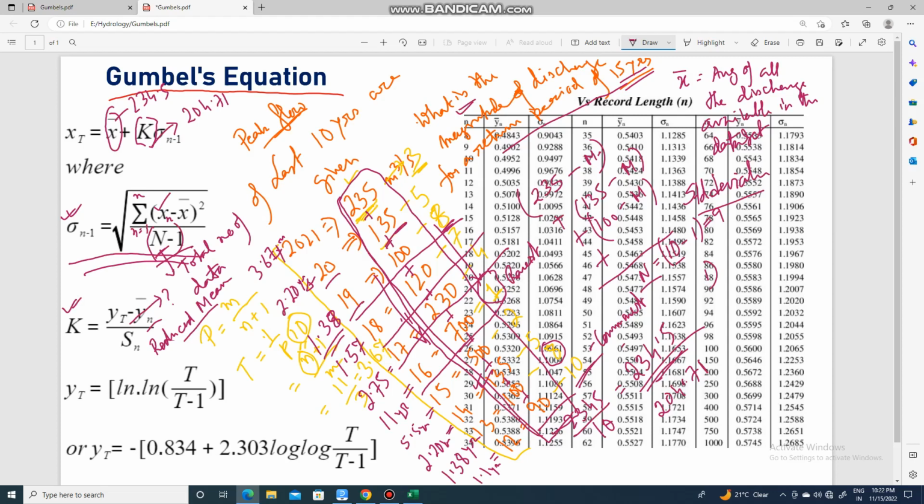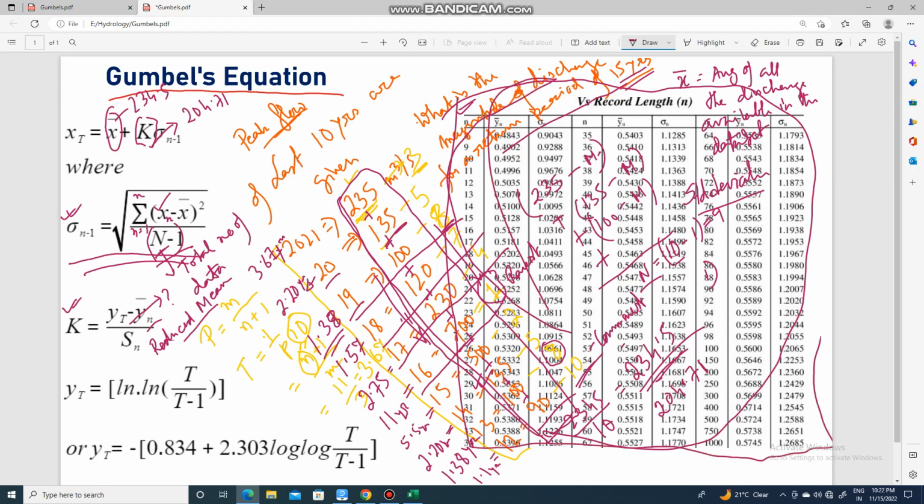You can see this table, I think. So this is the table I am talking about. This table is showing you the reduced mean and the reduced standard deviation.